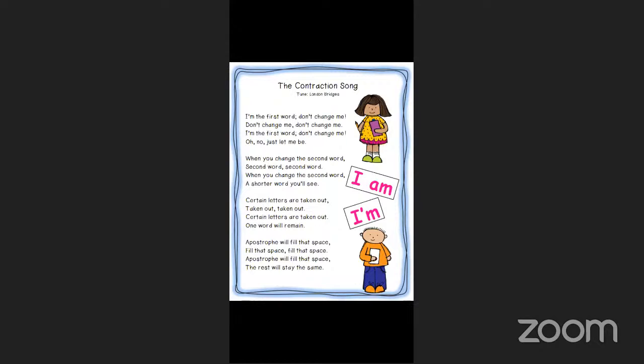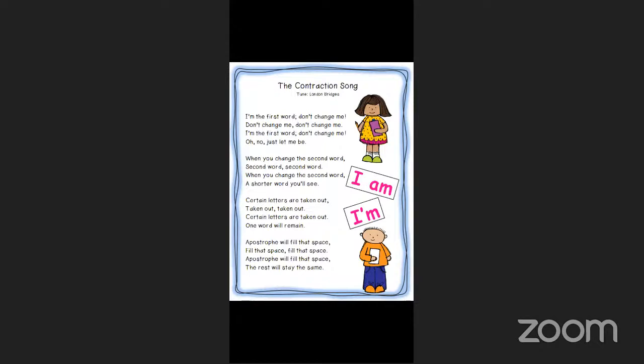Apostrophe. Now, at the very beginning, in the first term, you might have learned these things in punctuation, the apostrophe. We use it now in I am and I'm.